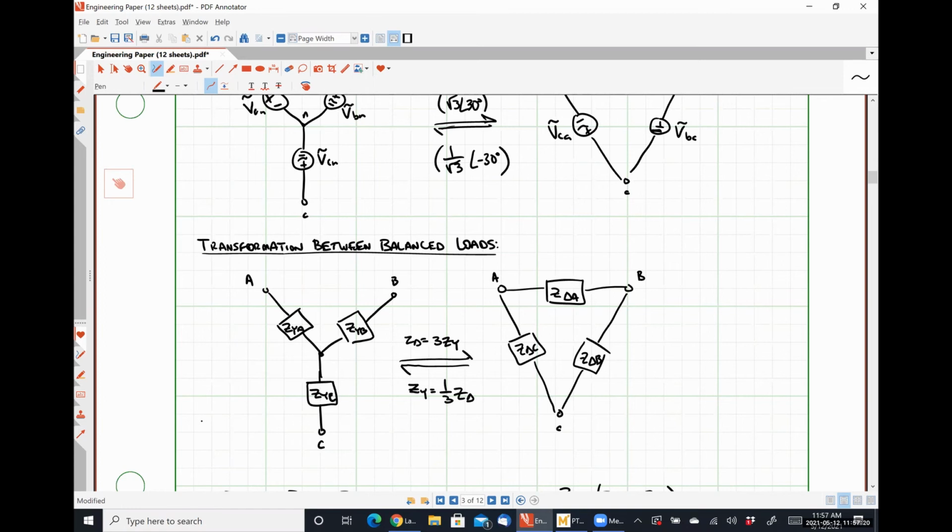All right, nobody's saying much of anything. So let's jump to an example problem.